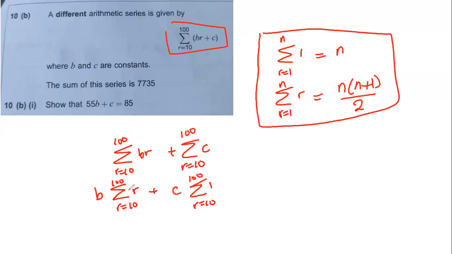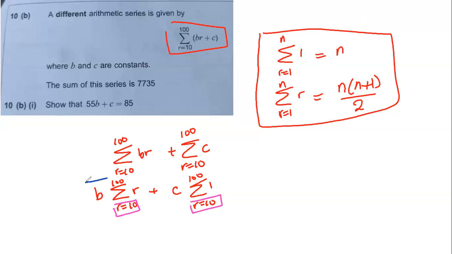Now, that's also good, but the problem here is that the start of my series is not from 1, but from 10. So what can I do here? Well, it is not that difficult, really.